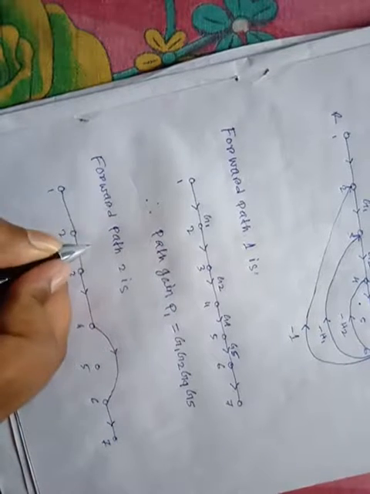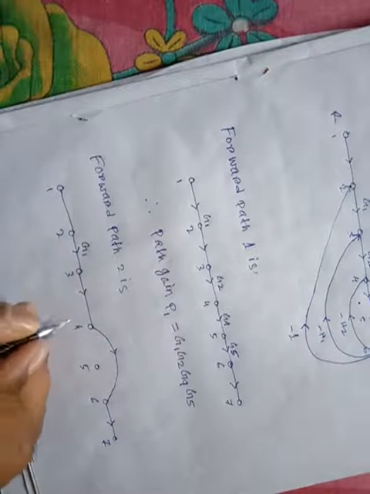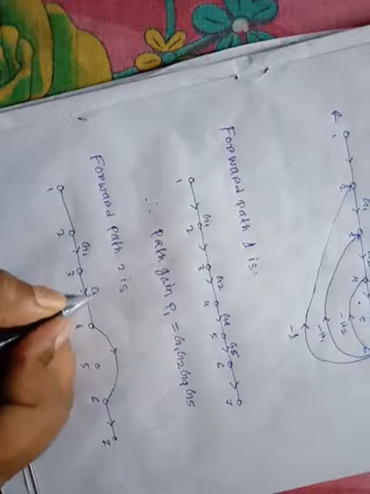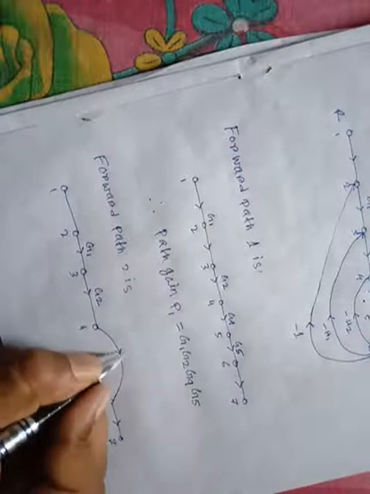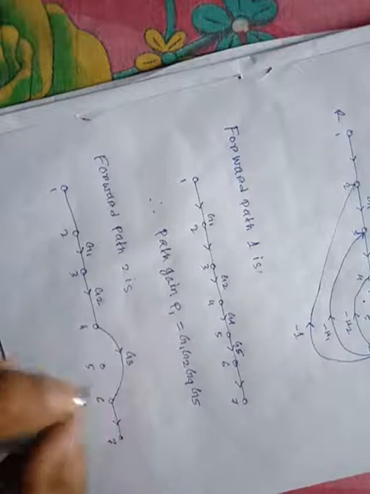Here the transfer function G1 between 3 and 4 is G2, and between 4 and 5 here the transfer function is G3.